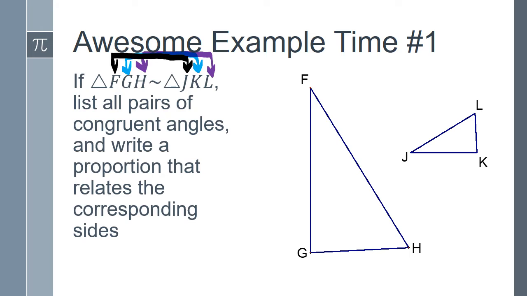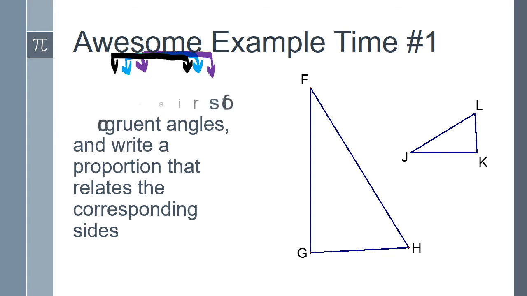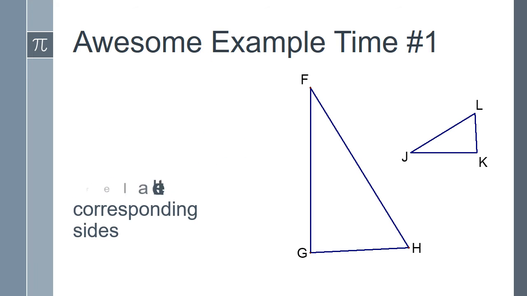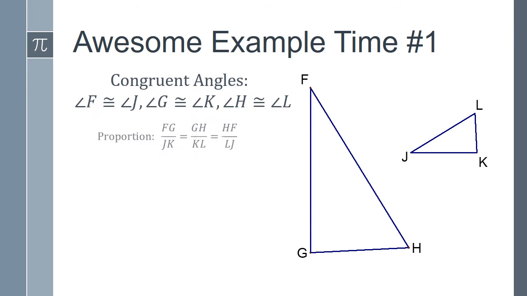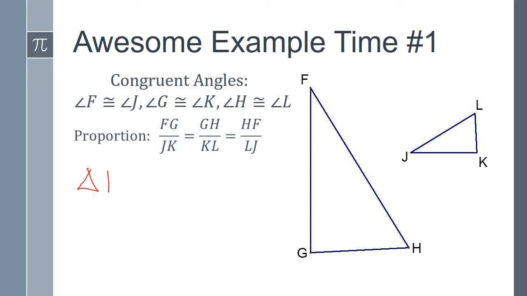But now, when we're trying to set this up to do our proportions, we can still look at those names. So triangle FGH similar to triangle JKL. Here's one of the things we can do.